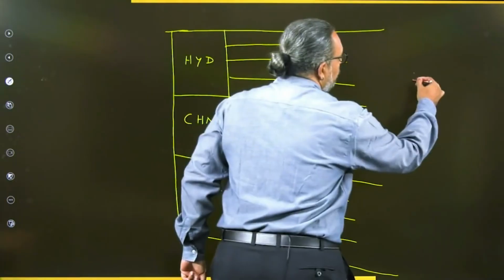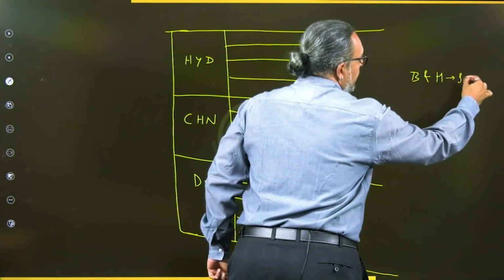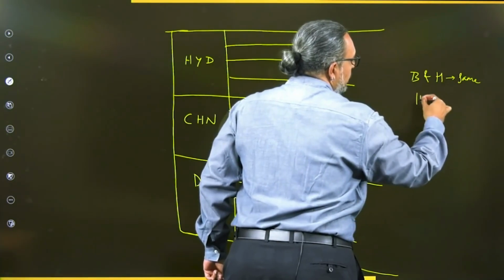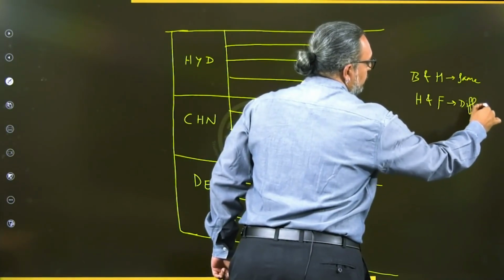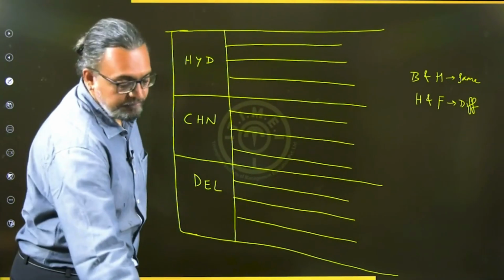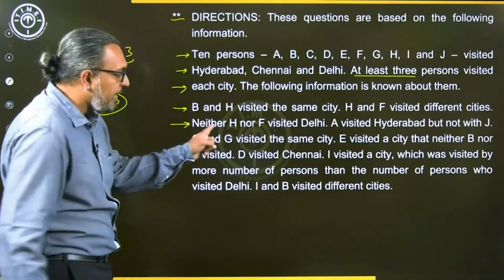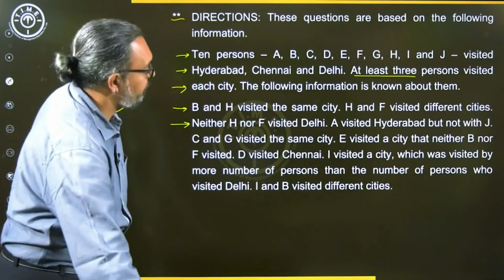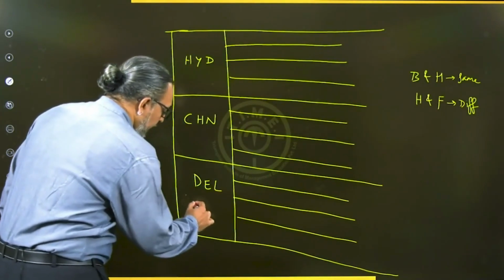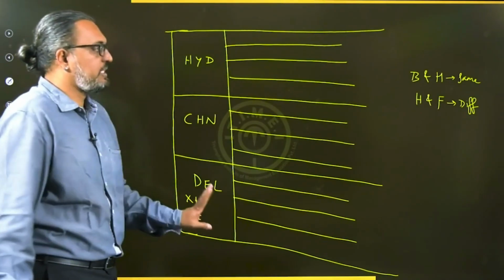So we have B and H is same, H and F is different. But immediately next, see what he says: neither H nor F visited Delhi.